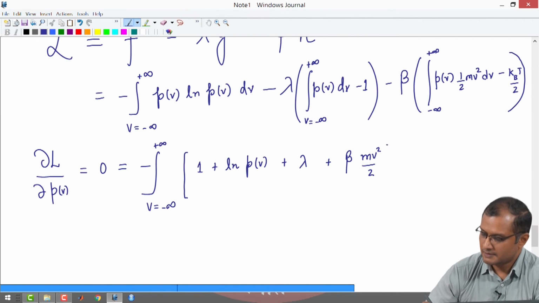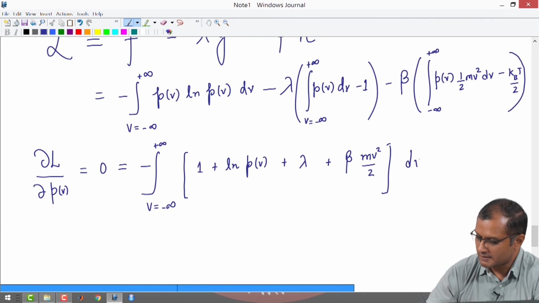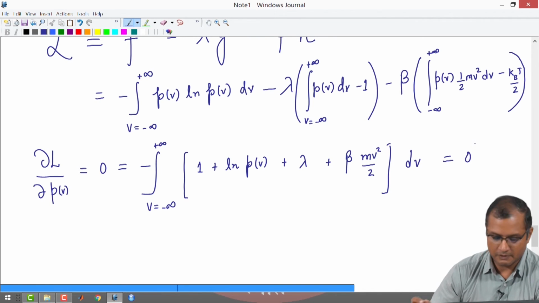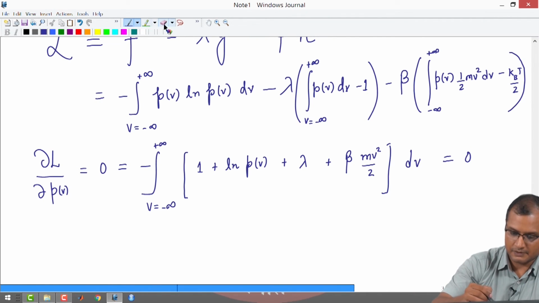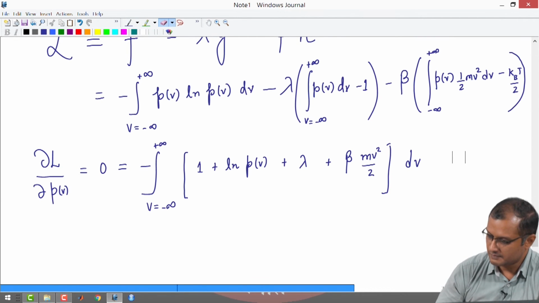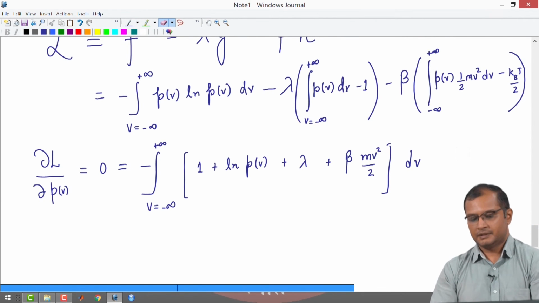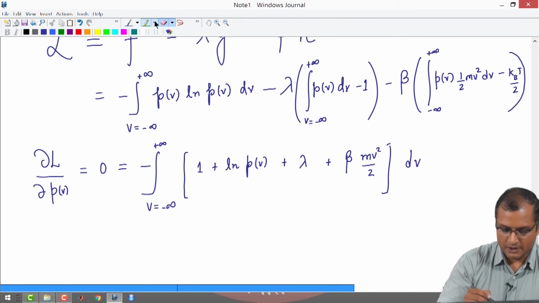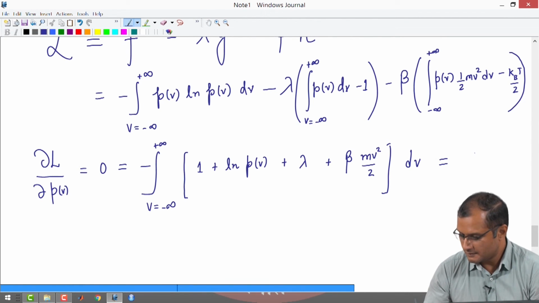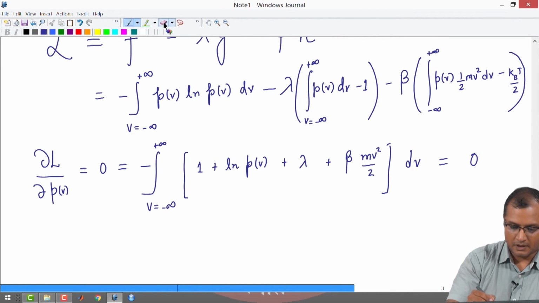That is it, and this is an integral over v which is 0. I have already written 0, so it is not required. Now you can write down a 0 on the right hand side.